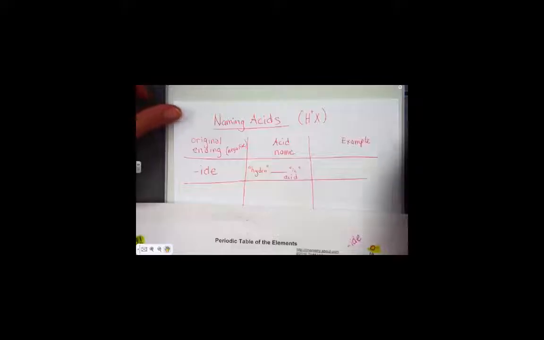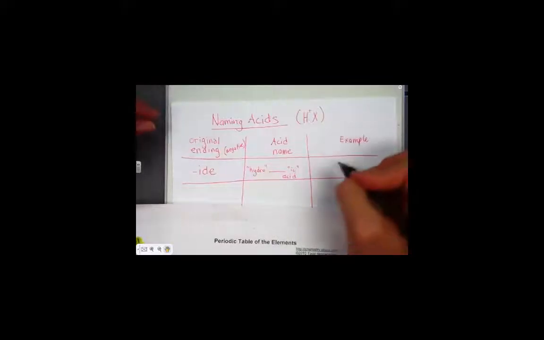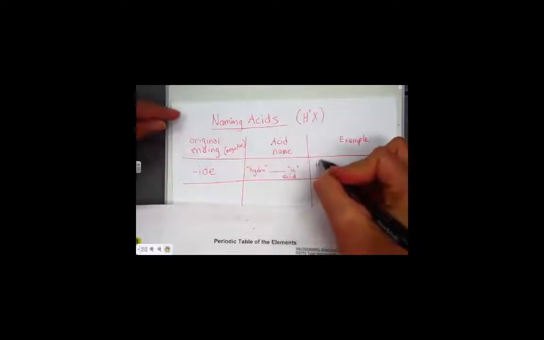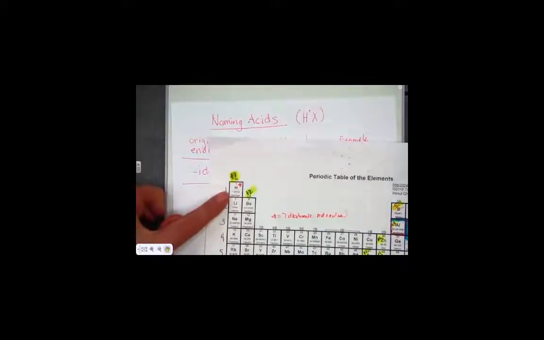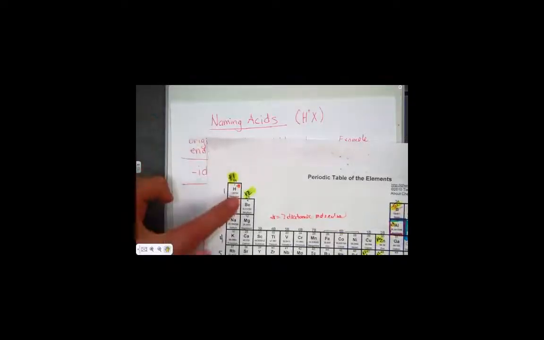Let me give an example to help clarify. Acids always start with hydrogen ion, H with a +1 charge. If it starts with an H, it's now considered an acid. Acids release hydrogen ions. They have a pH below 7. For our sake, anything that starts with an H we'll recognize as an acid. This special class of chemical family has a unique way we name it.